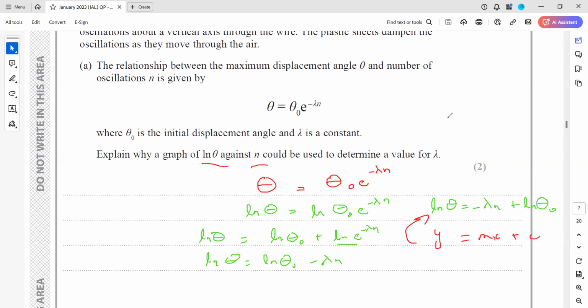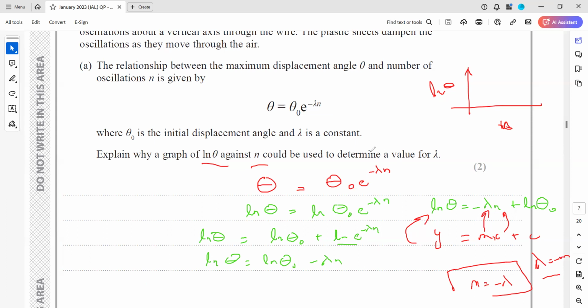On the y-axis we have ln theta, and on the x-axis we have n. So what will be the gradient? The gradient will be equal to minus lambda, or lambda is equal to minus the gradient, which means a negative gradient.